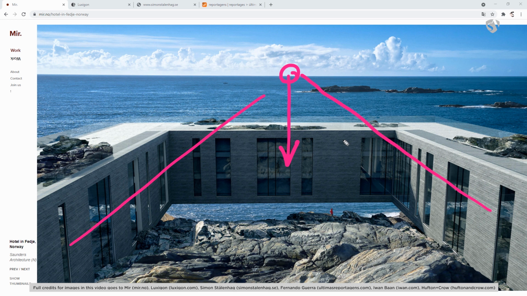If you look at the whole picture, it's a very heavy element. Normally, I would be afraid personally to show such a horizon, because when you go with the eyes to the horizon, it's pretty hard to go back to the subject.